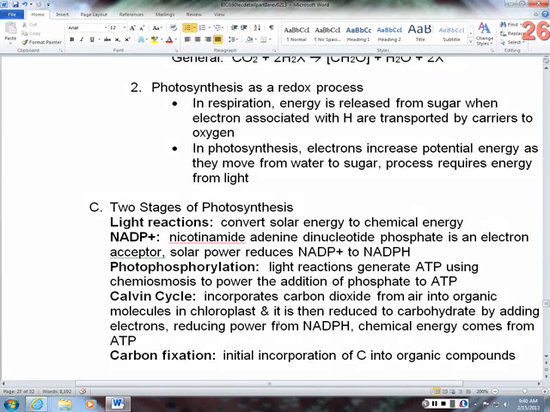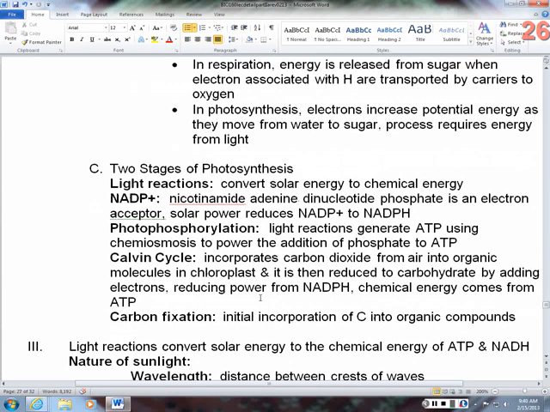The second part of the cycle is the Calvin cycle. It's sometimes called the Calvin-Benson cycle. It's going to take carbon dioxide from the air, and it's going to basically glue them together to make sugars. So it converts it into organic molecules in the chloroplasts, and then those get reduced to being carbohydrates by adding electrons.